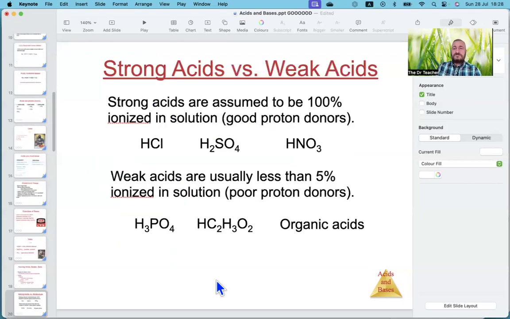So strong acids are assumed to be 100% ionized in solution, and they are good proton donors, like we said before. But weak acids are usually less than 5% ionized in solution. It means they dissociate weakly in water.